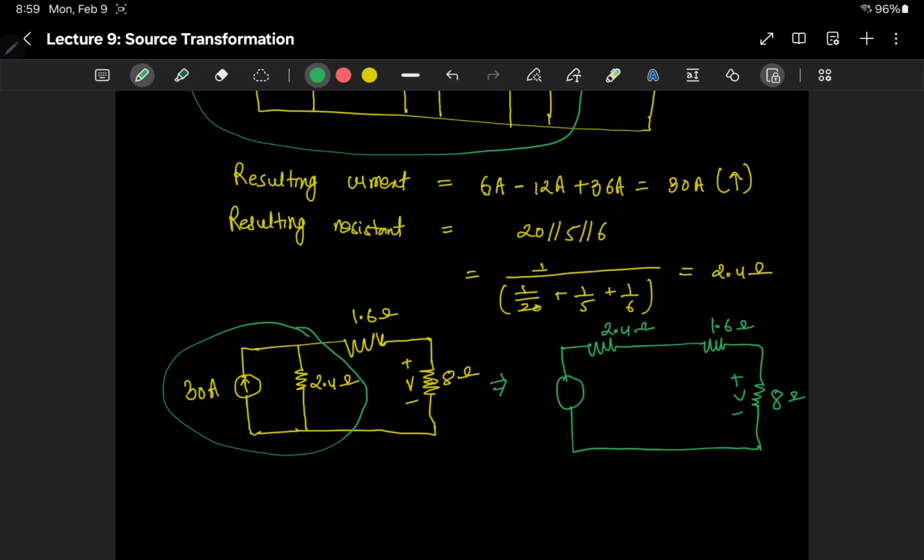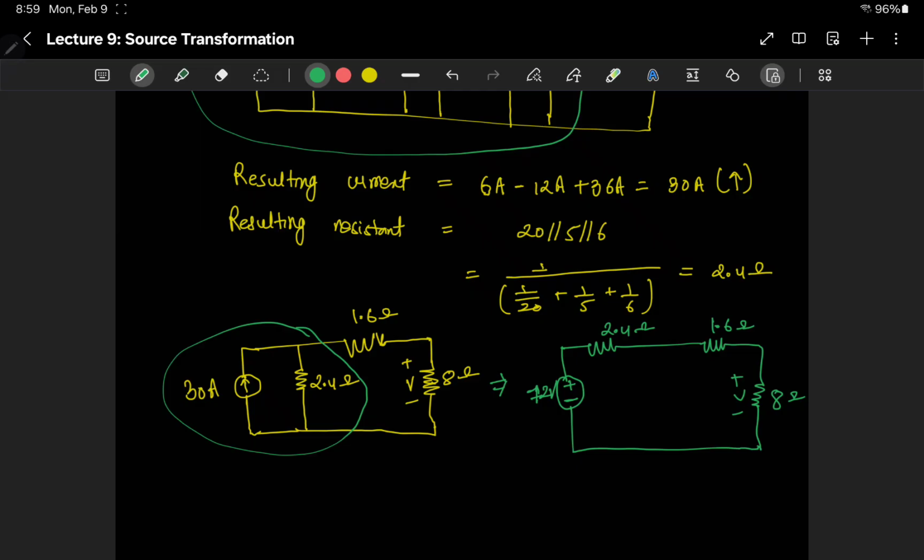And the voltage is given by the multiplication of the current and the resistor. So 30 amperes times 2.4 ohms, which will be 72 volts, and the direction is the positive terminal where the current is leaving and negative on the other side.